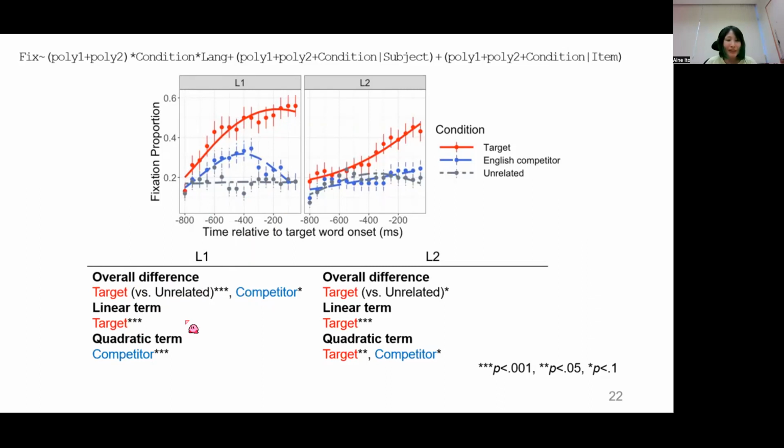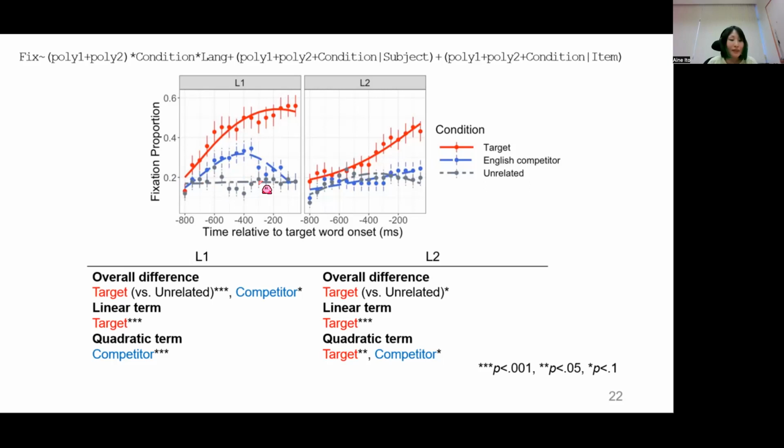And the linear term also interacted with the target versus unrelated comparison. So this is showing that the slope was different for the target and unrelated condition, right? So that's pretty clear from the data as well, right? Because the fixation proportion to the target increased much more quickly compared to the unrelated condition.